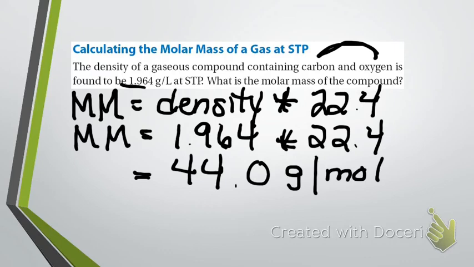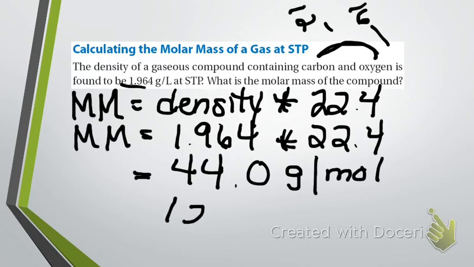This tells us that our compound is made up of carbon and oxygen. Can we figure out from what we know about the molar mass of carbon and oxygen what this gas is? Sure we can. We just have to figure out the right combination of carbon and oxygen so that the molar mass adds up to 44. So let's try it. We know the molar mass of carbon is 12. The molar mass of our oxygen is 16.